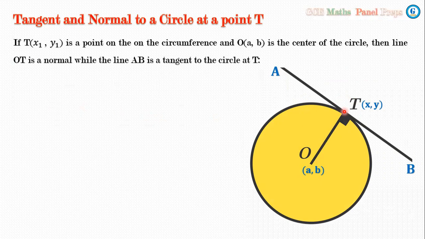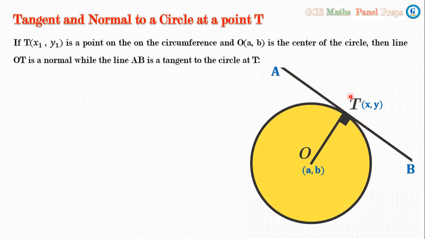Now, a line that leaves from this point where the tangent touches the circle to the center of the circle is called a normal. So according to this circle, the line OT is a normal, and the line AB is a tangent. And the angle between a normal line and the tangent line to a circle is 90 degrees.